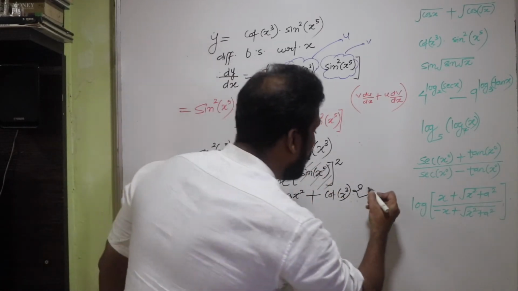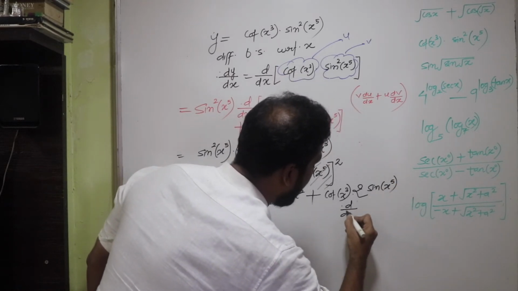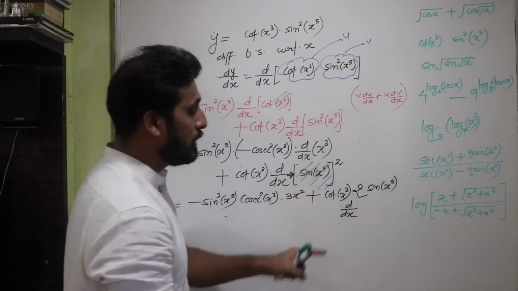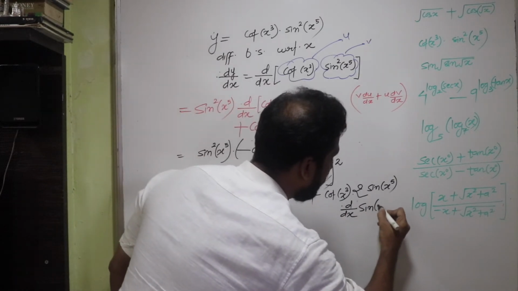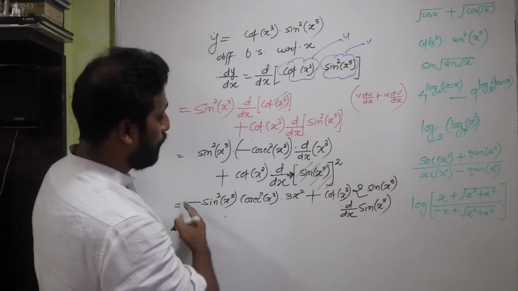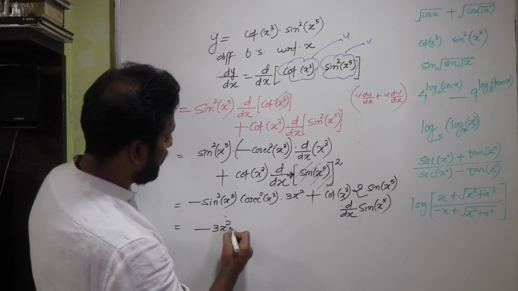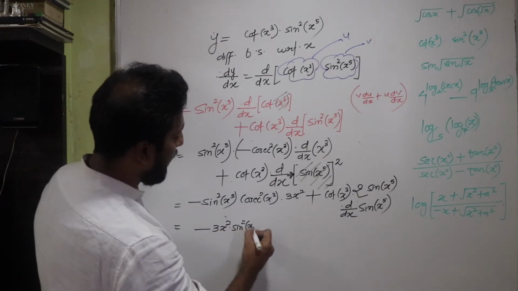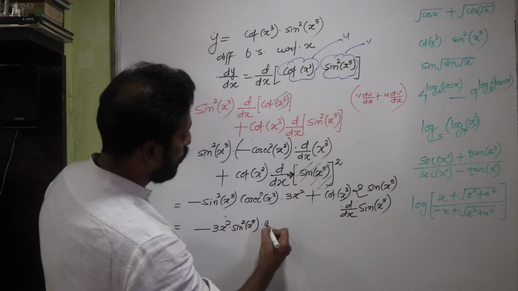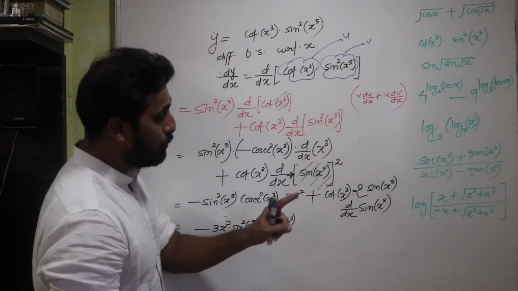That's 2u into again the derivative of u, which is sine of x raised to 5, isn't it? Now this entire thing can be simplified and written as minus 3x square sine square x raised to 5 into cosec square x cube. That's my first term. And then let's move on to the next term.